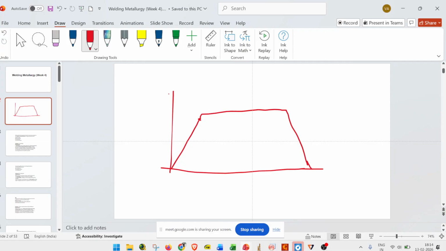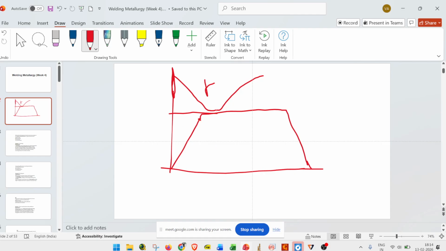Okay. So in case of iron, above 750 degrees or so, we can see the gamma phase will be present. Below that, the pearlitic phase will be present.